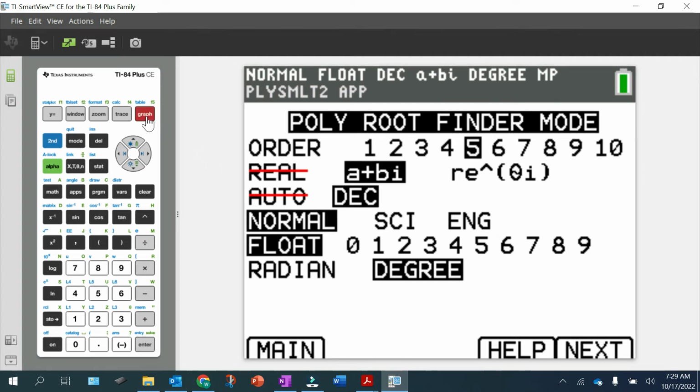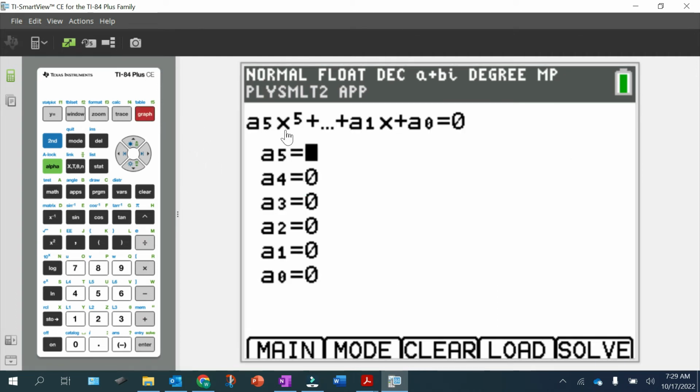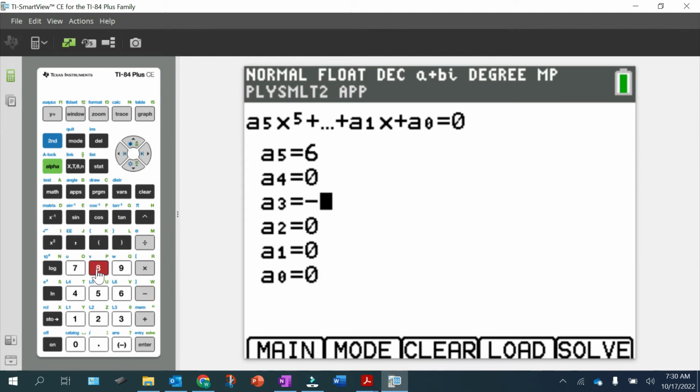So I'm going to hit graph for next, and then here I'm going to type in my coefficients from my polynomial. We know it was 6x to the 5th, and then we had nothing on the 4th degree. For the 3rd degree, we had a -8. Do not hit minus, because it will tell you that's an error. Watch, I'll prove it.